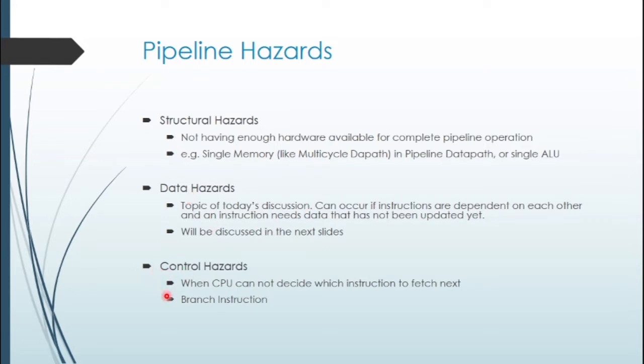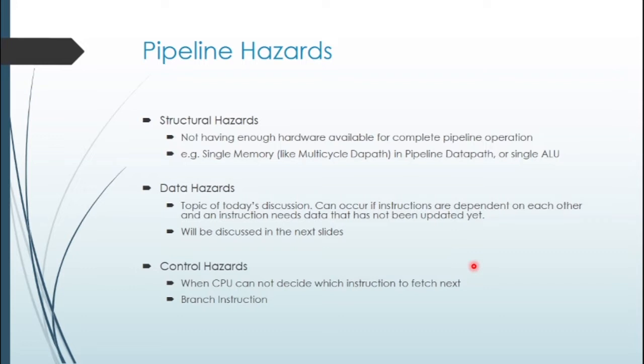Similarly, there is a control hazard. What's a control hazard? That is when the CPU cannot decide which instruction to fetch next, because it's a parallel thing and the next instruction is fetched automatically. But what happens if there is a branch instruction and the condition is true for the branch jump?